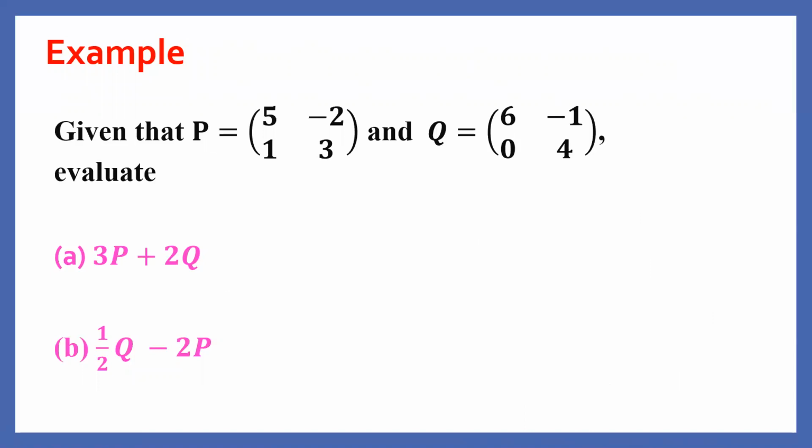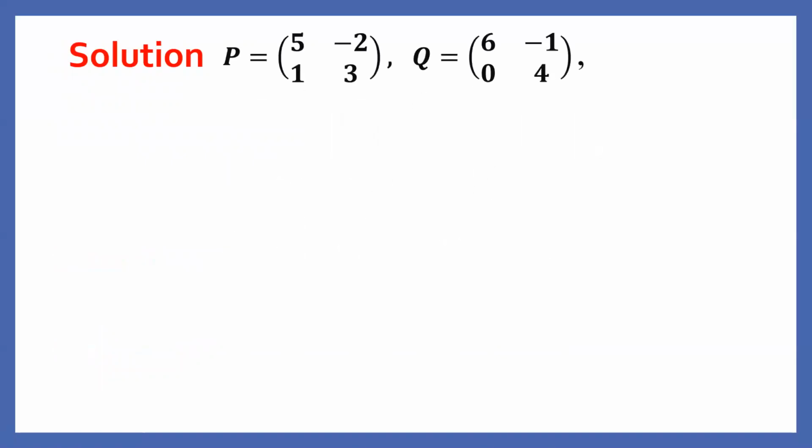Next example. Given that P is equal to 5, negative 2, 1, 3, and Q equal to 6, negative 1, 0, 4, evaluate part A, 3P plus 2Q, part B, half Q minus 2P. So you have the two matrices P and Q, both are of order 2 by 2.